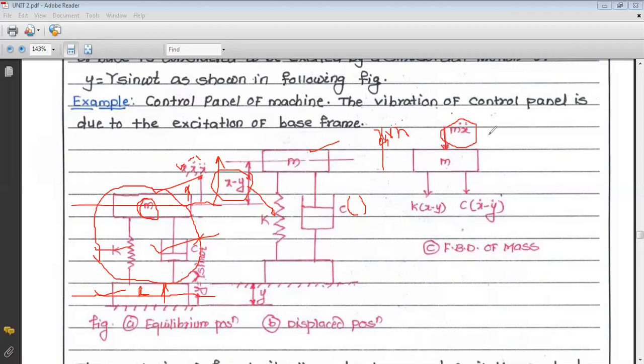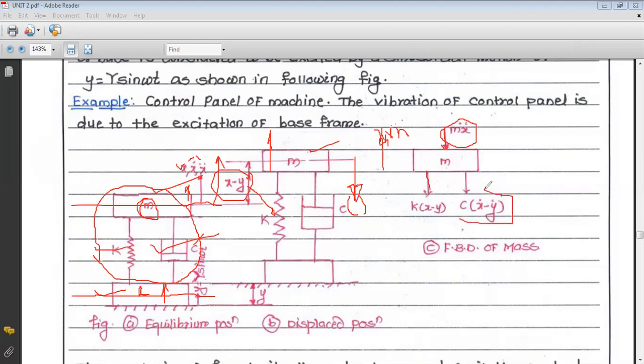Now similarly, your total displacement of the system, that is x minus y, is in the vertically upward direction. So your spring force is opposite to that displacement. Displacement is in upward direction, so the spring force is in downward direction, that is k into x minus y. Similarly, the velocity or motion of the mass is in upward direction, so the damping force is also opposite to that, in downward direction, that is c into x dot minus y dot.